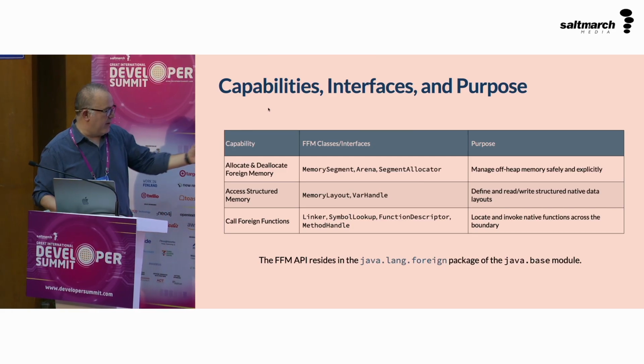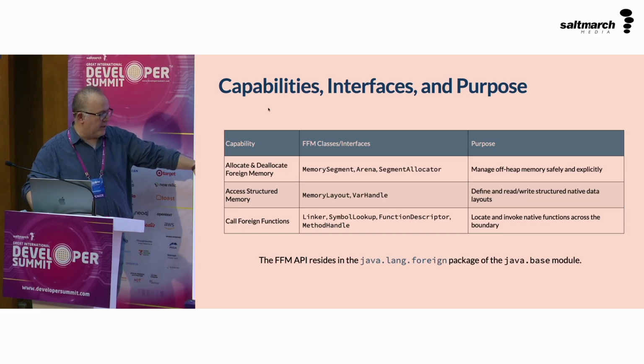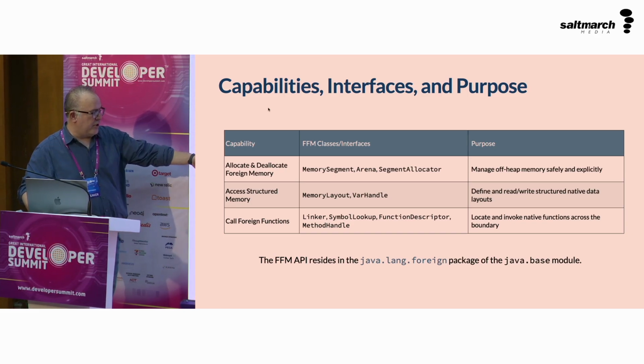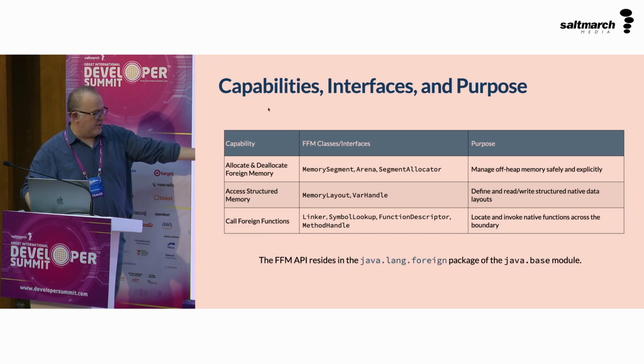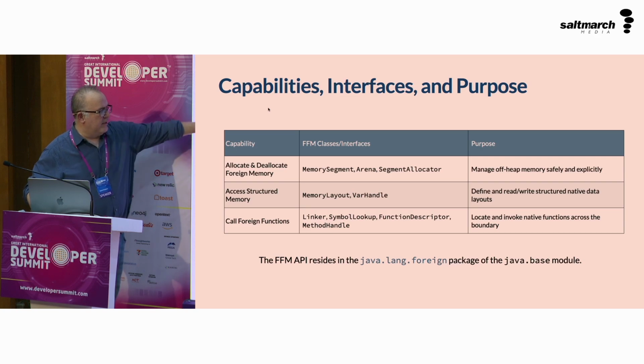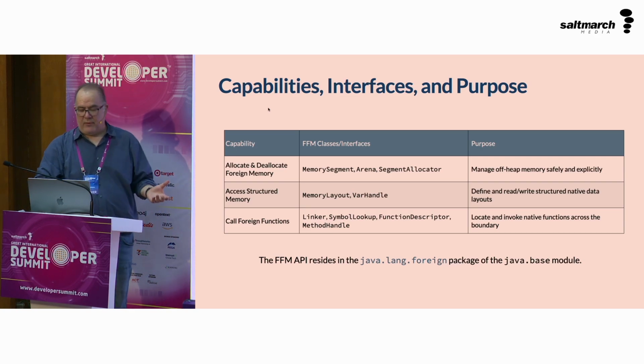And then once we have that, we can call foreign functions using Linker. We'll talk about that. SymbolLookup, which means, hey, I need to find a function in a particular library, like an .so or a .dylib, FunctionDescriptor, which describes the function, and MethodHandle. Okay, so those are the interfaces that you are going to be using for this.